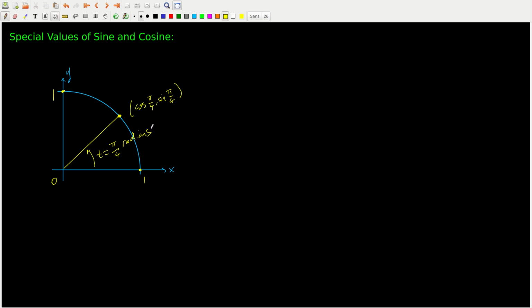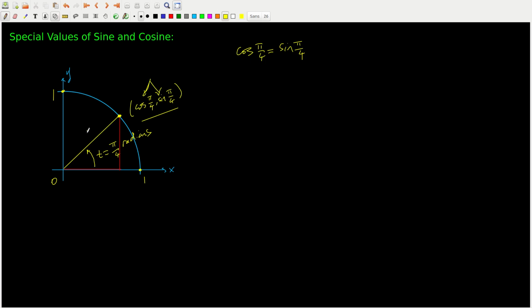And because we see, by the symmetry, that the x and y values must be the same, so the x and y values of this triangle, in other words, must be the same, because we've split the middle here. So we must have that the cosine of pi over 4 and the sine of pi over 4 are the same. And here I'm using the value t equals pi over 4.